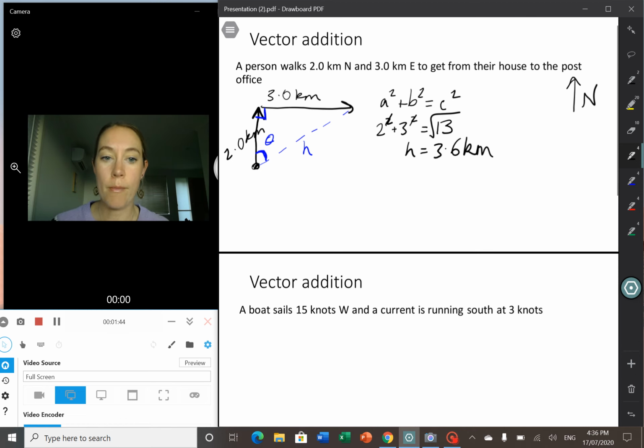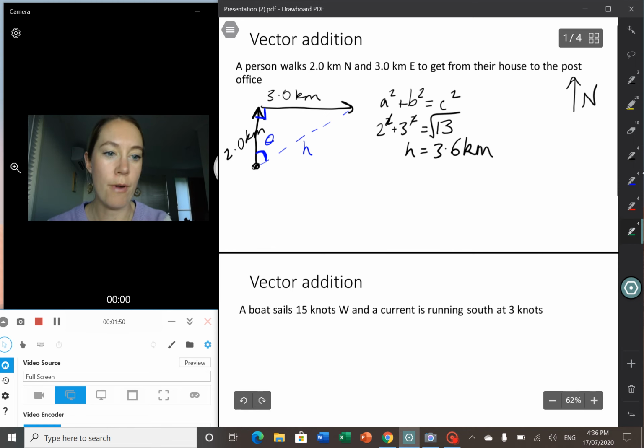Now we have got the magnitude, we want to find the direction of displacement, so that's where our trig ratios come in. The trig ratios are sine, cos and tan, and we can use SOHCAHTOA.